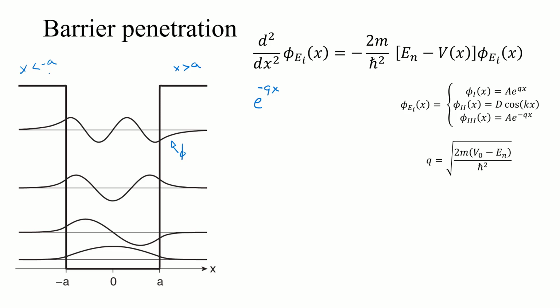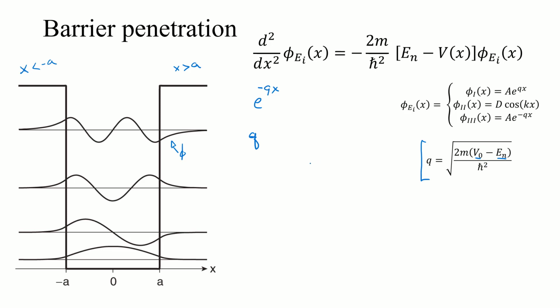But in either case, if we just look at the absolute value of x, we're going to have this exponential decay with a decay constant equal to q, right? Which was given here. And that q is larger when the potential is really big relative to the energy. And since these are the solutions for bound states, where that energy is less than that potential, this is always going to be a positive number.